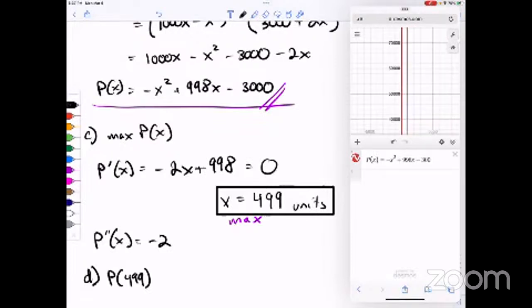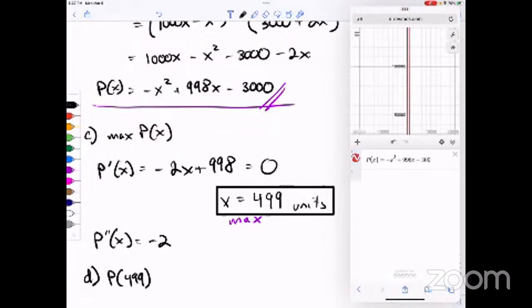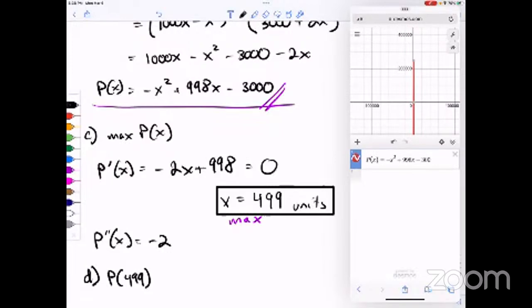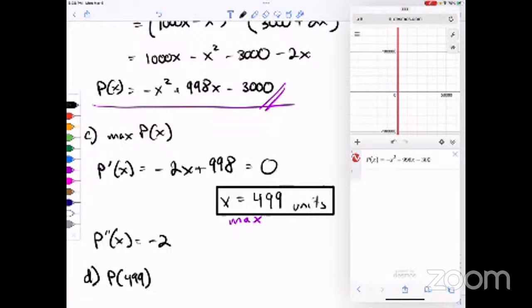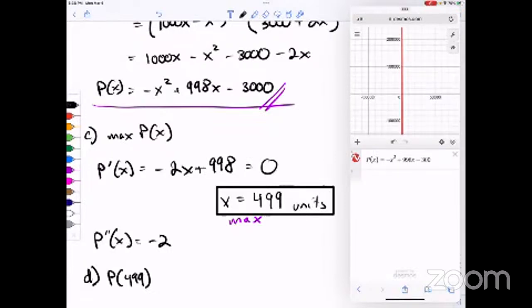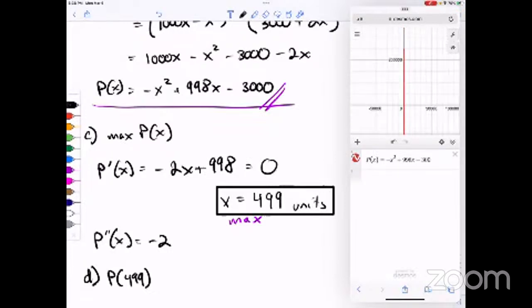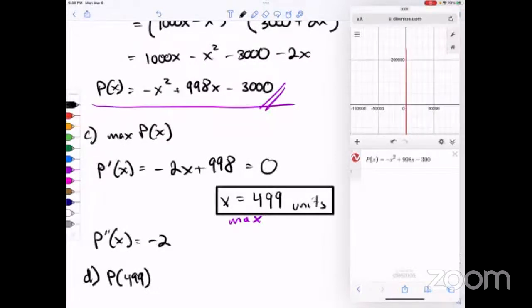There it is. Okay, I'm not sure how to change the view so you can see it. For right now, I'm not going to worry about that.